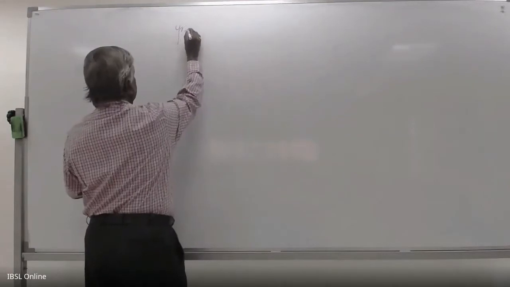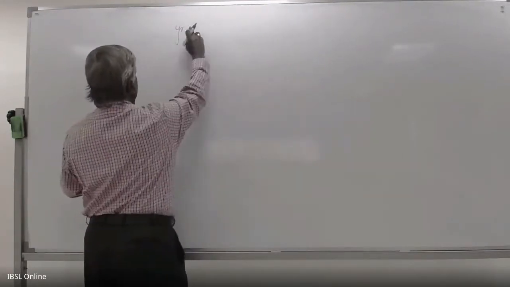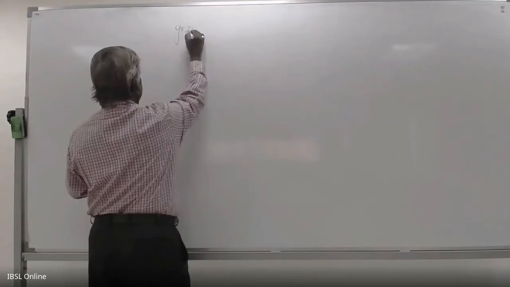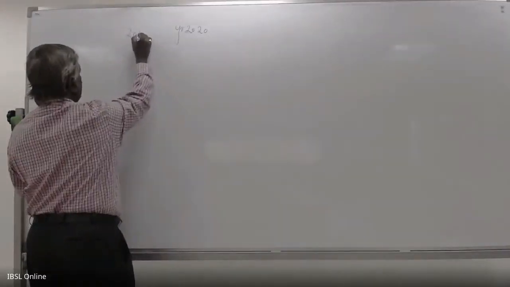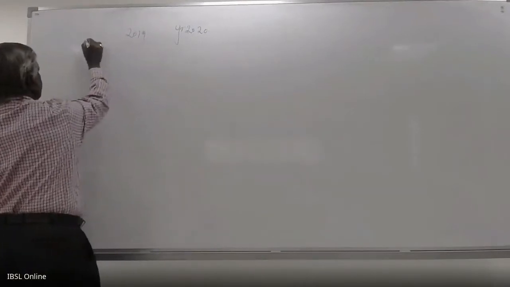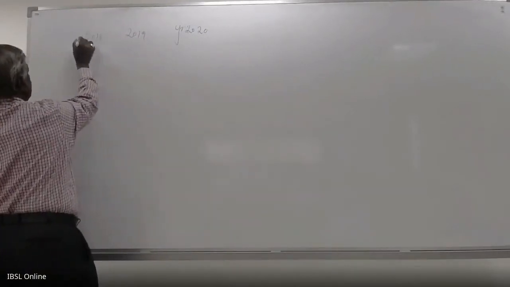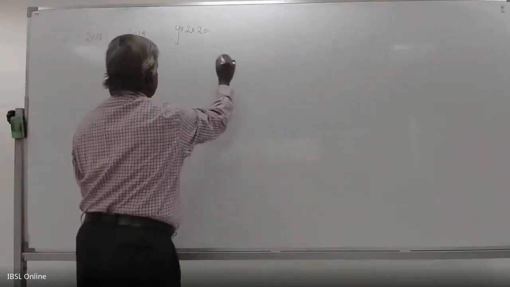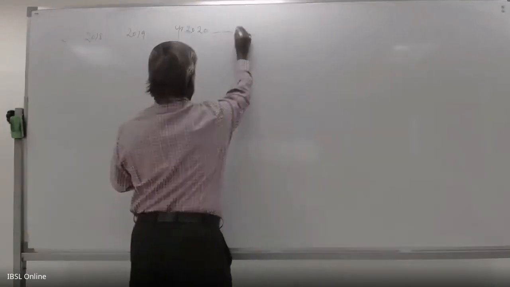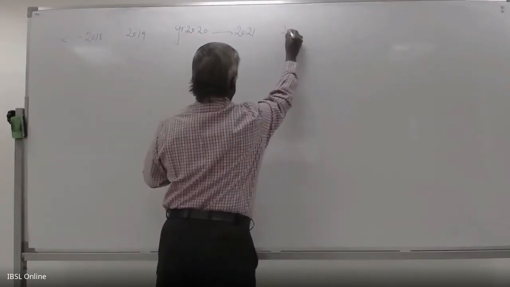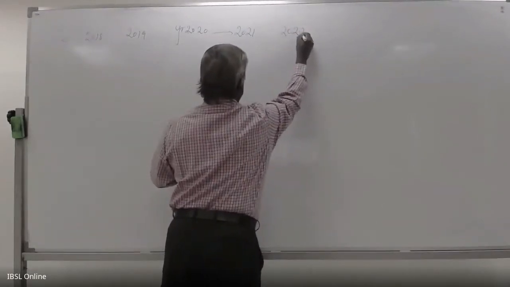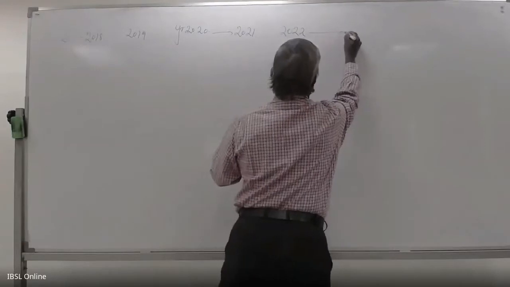Let us say this year is 2020. Last year was 2019, before that 2018, and it goes on like that. Next year it will be 2021, 2022, and it will go on like this.